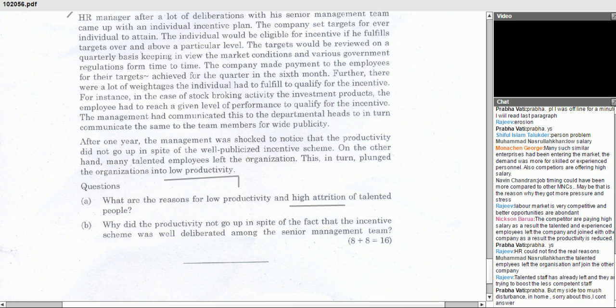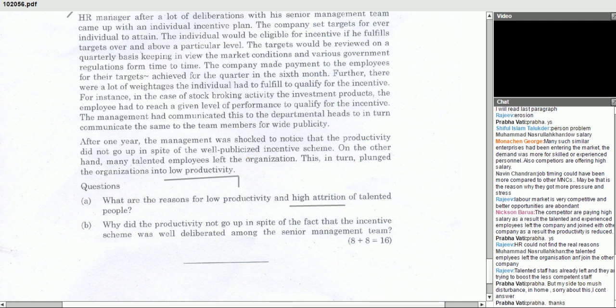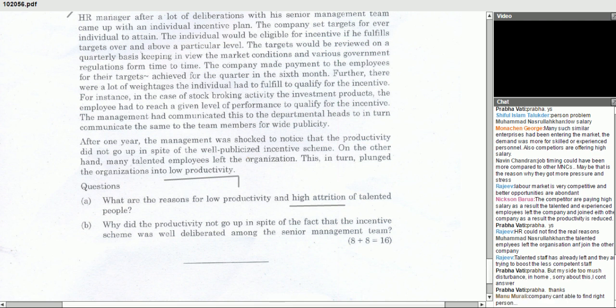Okay, Prabha, no problem. You can read, the other students respond. Okay, one reason I see is what their competitors are offering. They are offering non-performance based salary, right? That 50 to 100% increment they are offering in hand instead of performance-based incentive, right? That's the reason why the employees wanted to leave this organization and join their competitors.